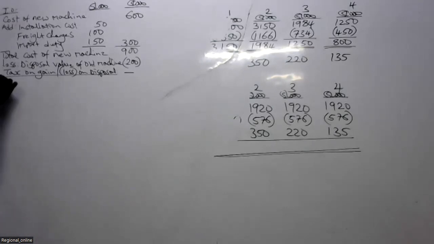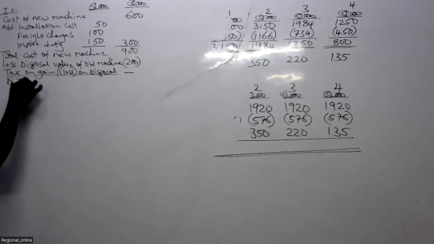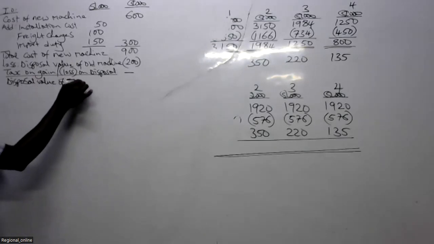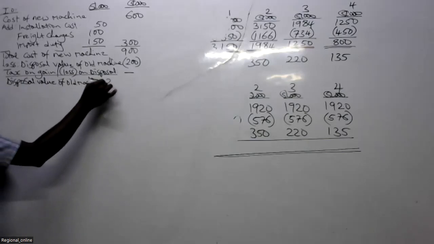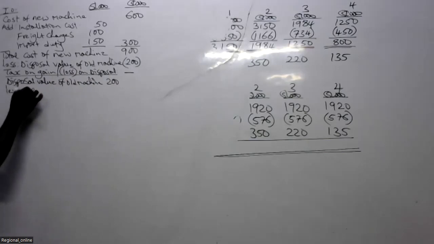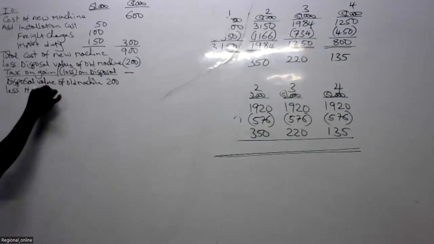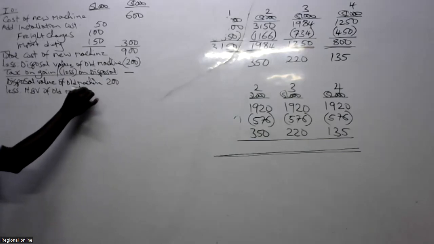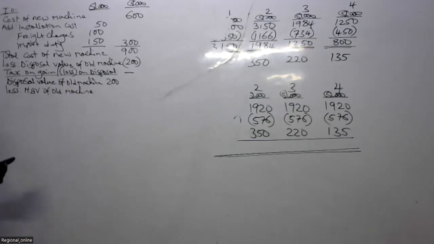So here, I would look at the disposal value. Disposal value of old machine, which is how much? Which is 200. Then I less what? The net book value of old machine.